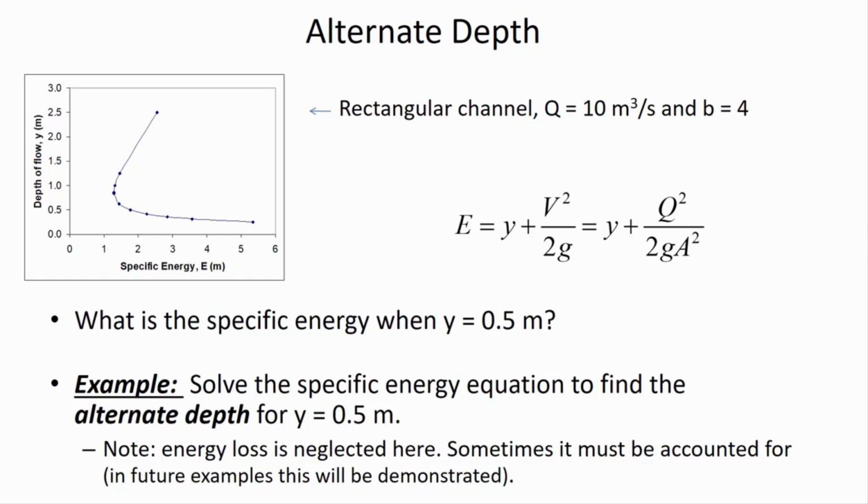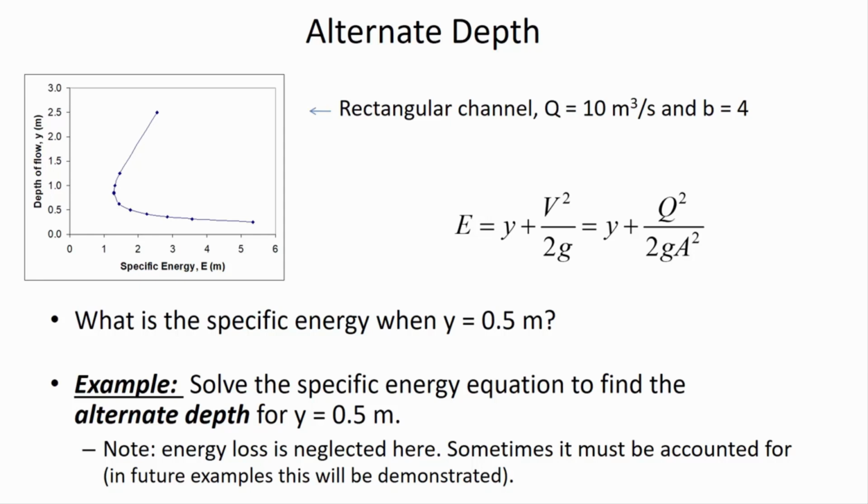And so what that means is that the specific energy is 0.5 meters, and that first part is just the depth term, and then 10 cubic meters per second squared divided by 2g, which is 9.81, and then the cross-sectional area. And the cross-sectional area is going to be whatever the depth is times 4 meters.